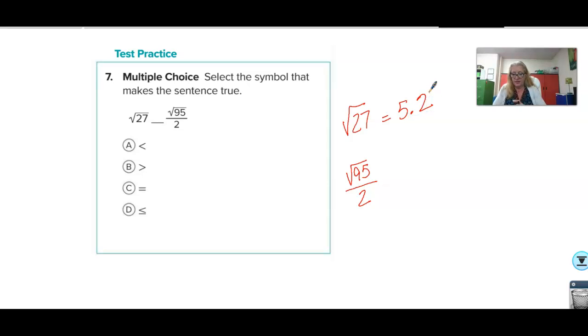And the square root of 95, second, x squared, 95 equals 9.7, but we have to divide that by 2, which gives us 4.9. So which one's bigger? Square root of 27 is bigger. So the alligator wants to eat the bigger number. Which one of these is the correct symbol? B.